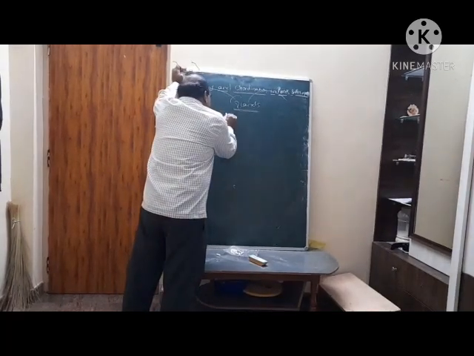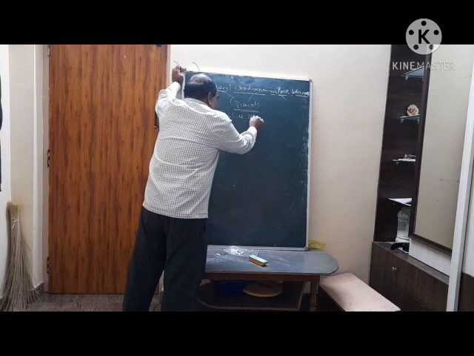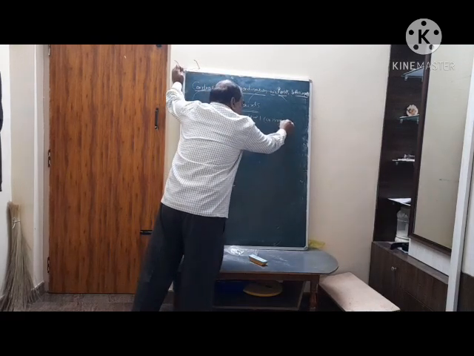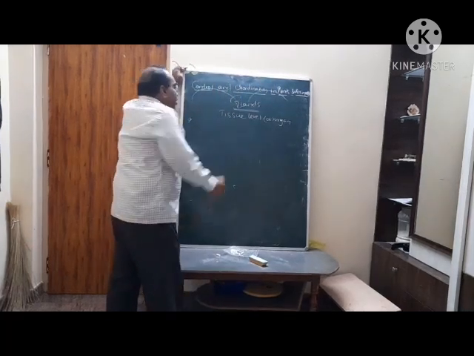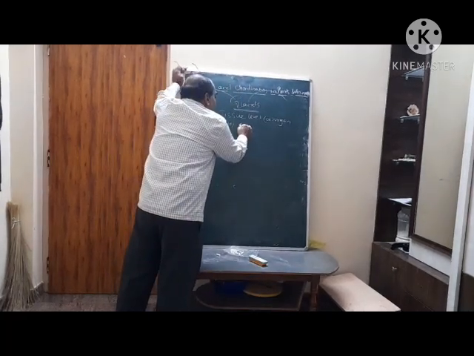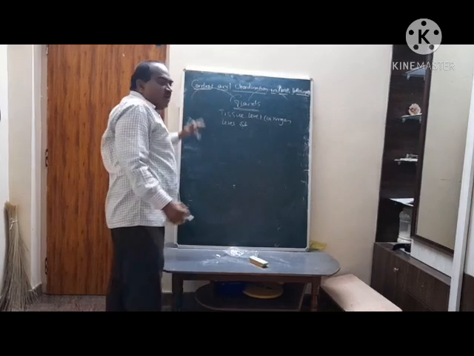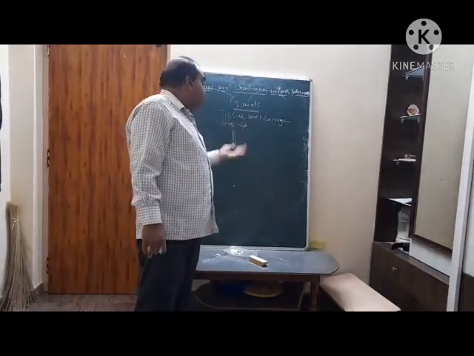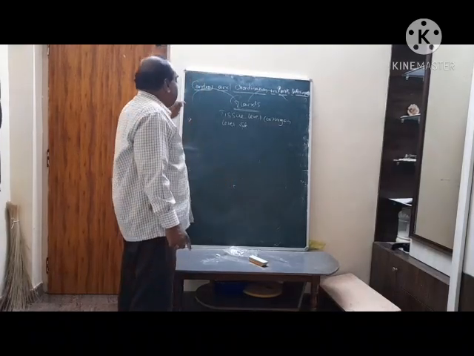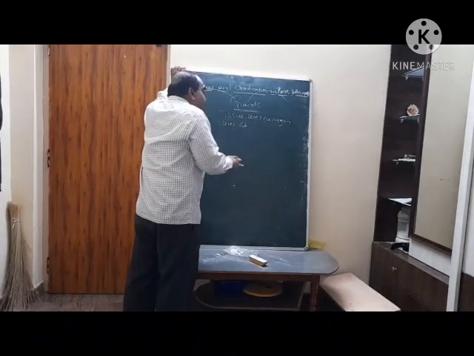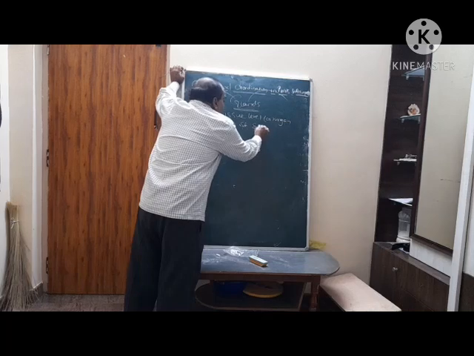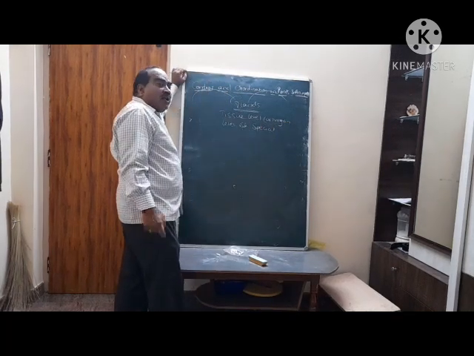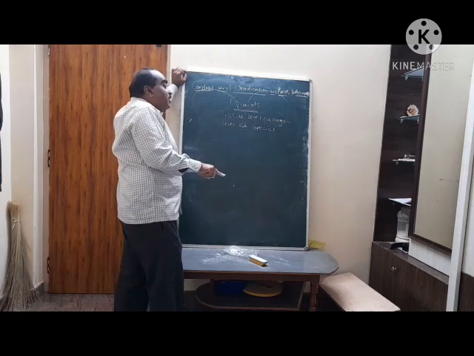Glands are tissue level or organ level structures. Some of the glands remain as tissue level, some of the glands grow up as organ level structures. The glands are either tissue level or organ level structures.